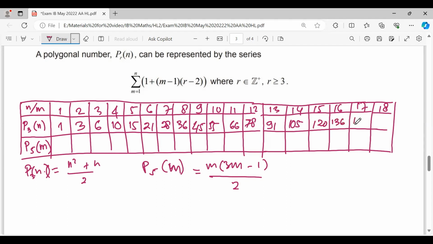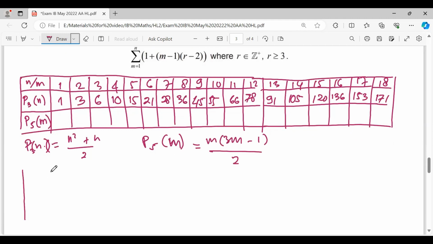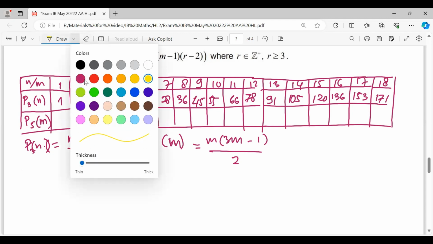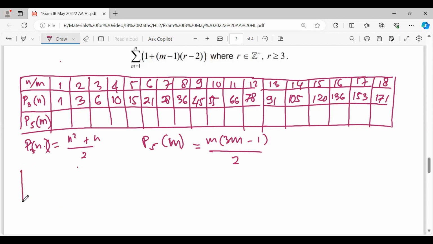If 17, 153. If 18, 171. If 19, 190. If 20, 210.